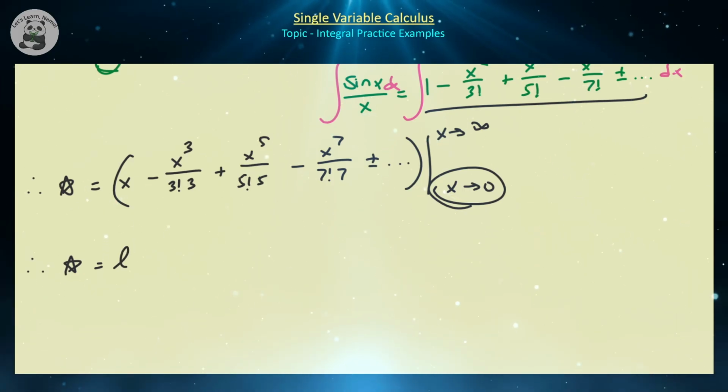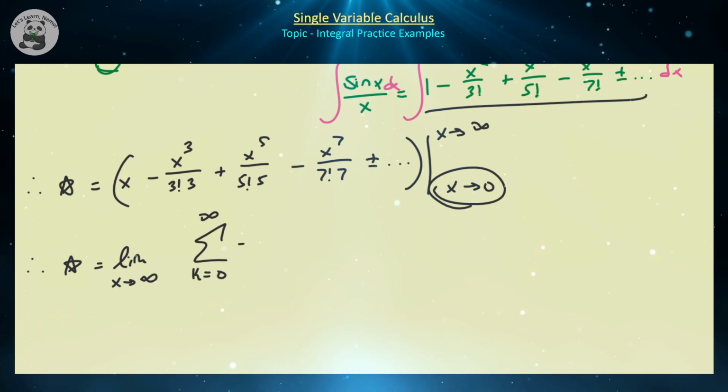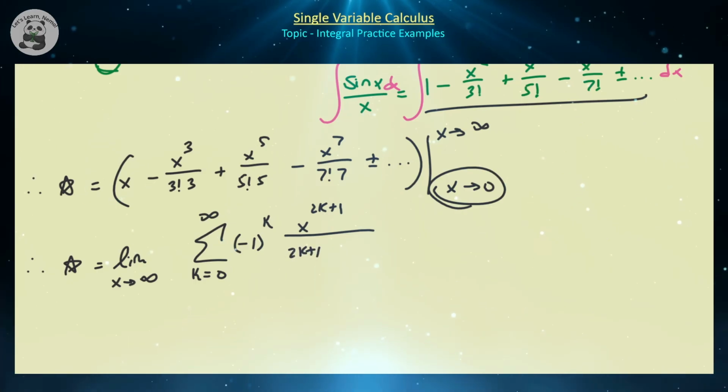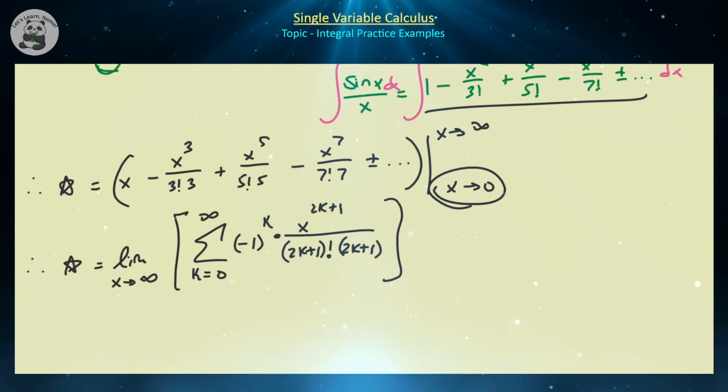So we just have the limit as x goes to infinity of the sum from k equals 0 to infinity of (-1) to the power of k times x to the 2k plus 1 all over (2k plus 1) factorial times (2k plus 1). So this is the thing for which we're taking the limit.